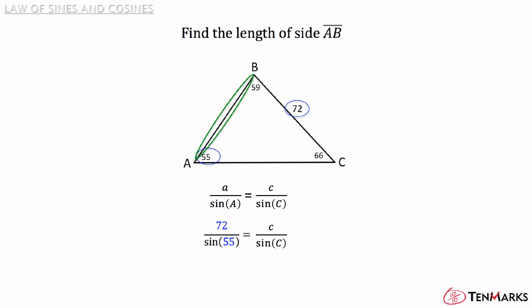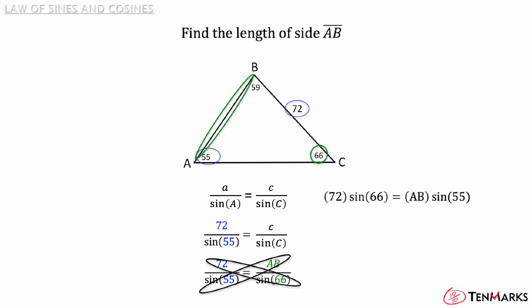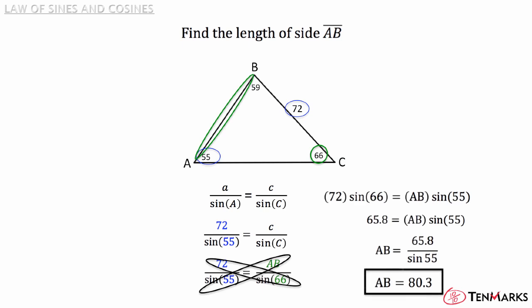So to complete the proportion, you will also need the angle opposite that side. Plug this information into the second equation. To solve, cross-multiply, simplify, get AB by itself, and solve to find that the length of AB is 80.3.